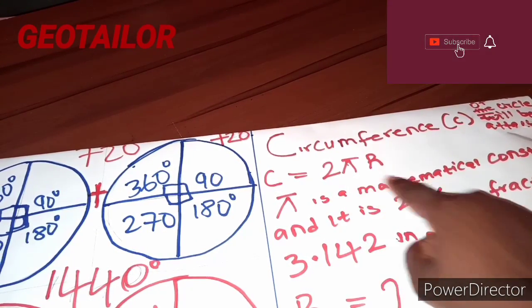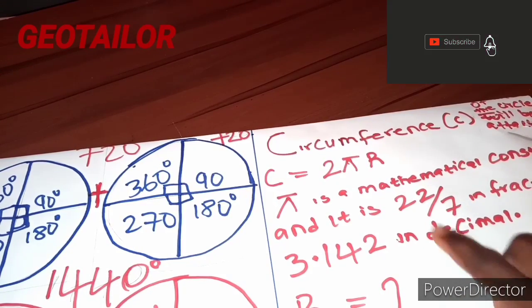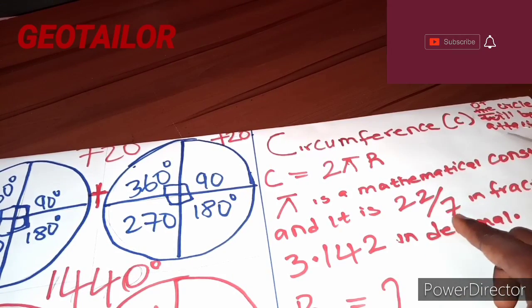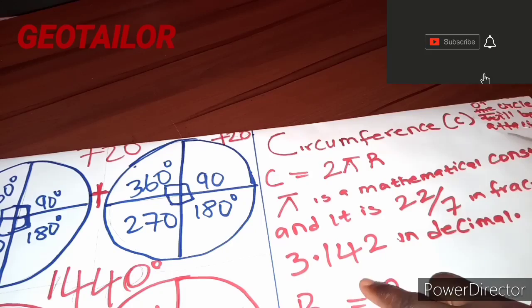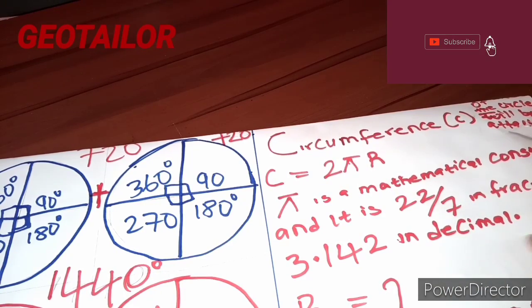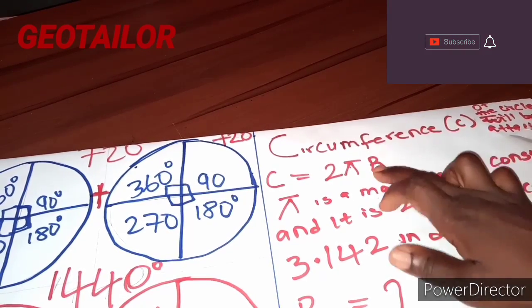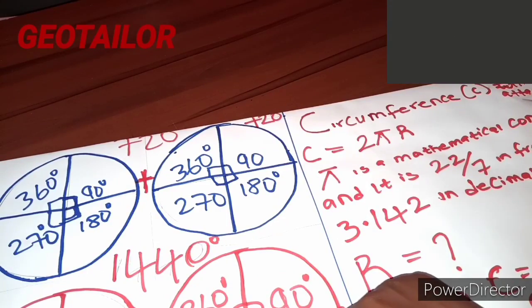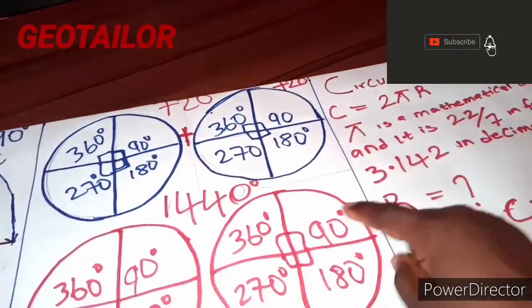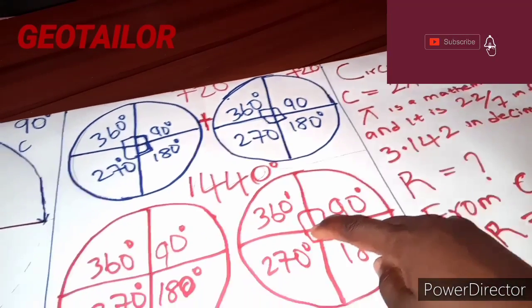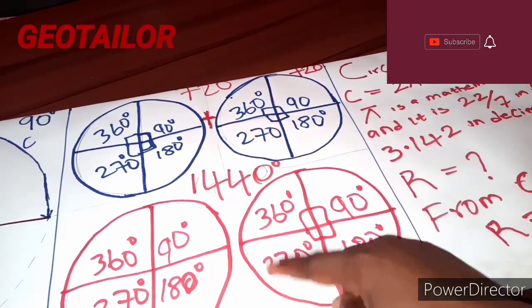Pi is a mathematical constant, and it is 22/7 in fraction, or 3.142 in decimal. R is the radius from the center of a circle, the middle of a circle, to anywhere on the circle.